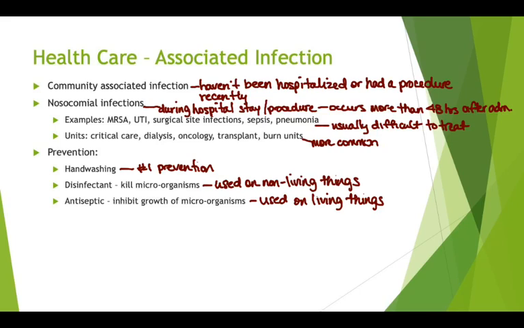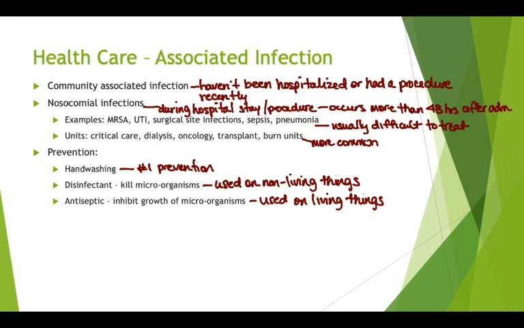They're acquired during the course of receiving some type of treatment for another condition in the healthcare setting. So they went in for, let's say, a cardiac dysrhythmia, and while they were there, they got a UTI from the Foley. That's your typical nosocomial infection.